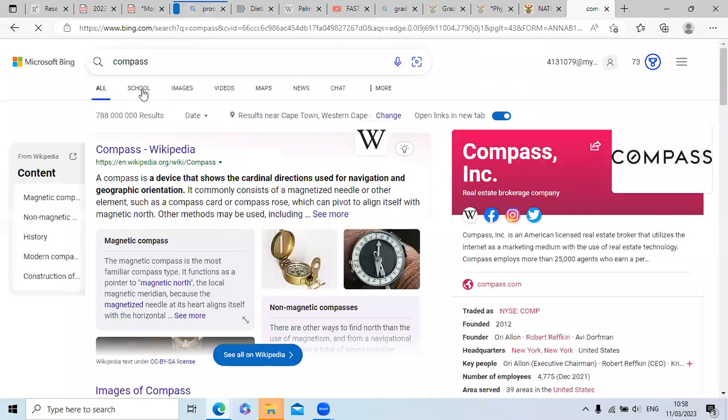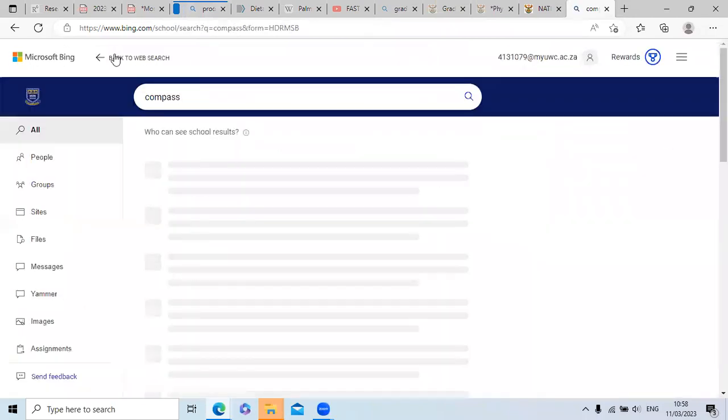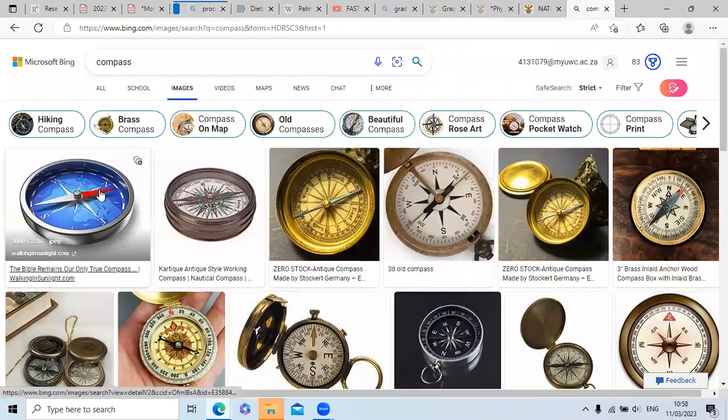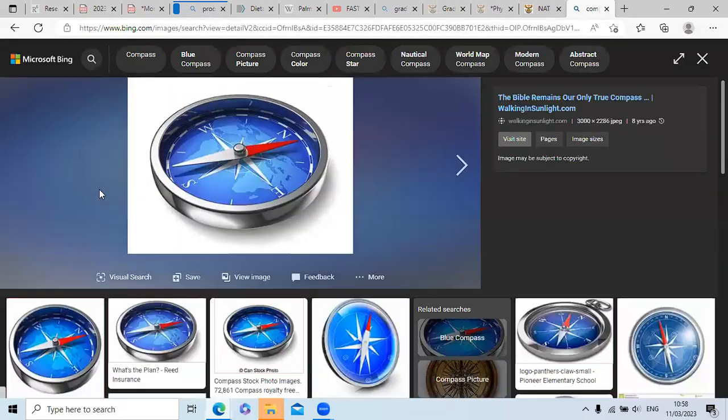If you look at it, a compass has a needle, and this needle, the red one, if I remember well, the red one is magnetic, and this one is always pointing north.